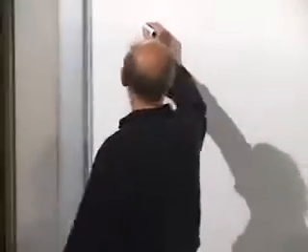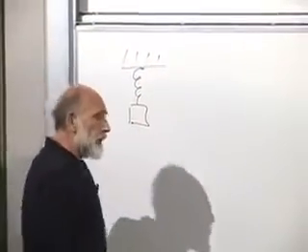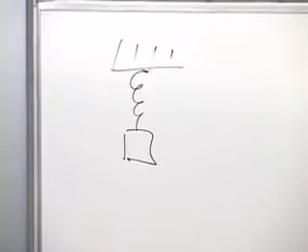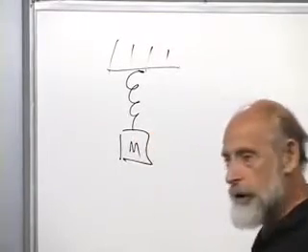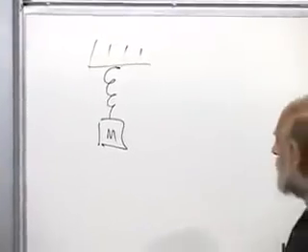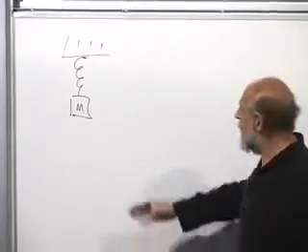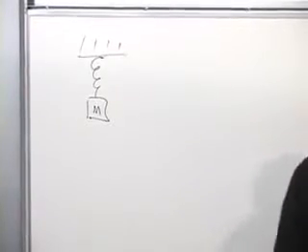Examples are a weight hanging from a spring. The ceiling, a spring, a weight. We can prove for the case of an ordinary spring that the mass finds an equilibrium position, the position in the gravitational field in the vertical place where the gravitational force down exactly balances the spring force up.